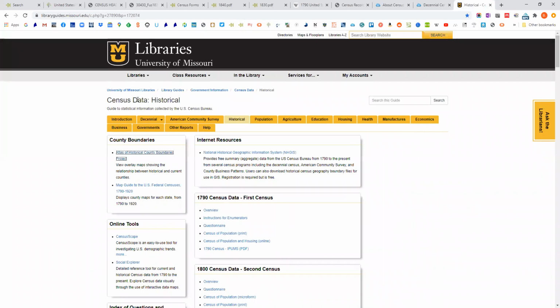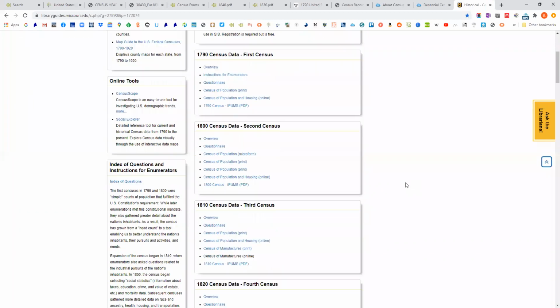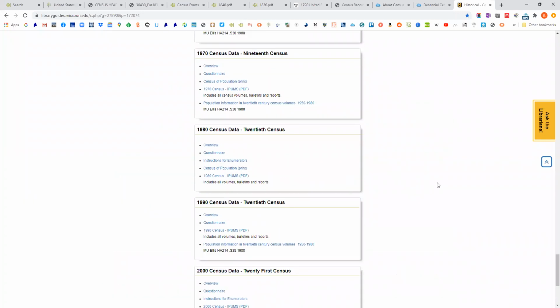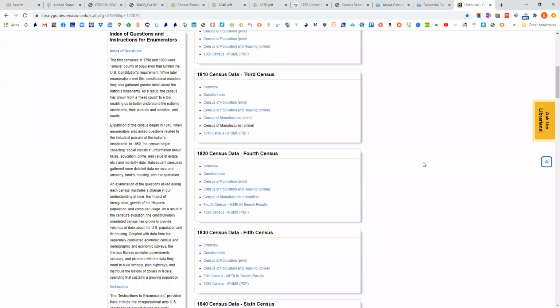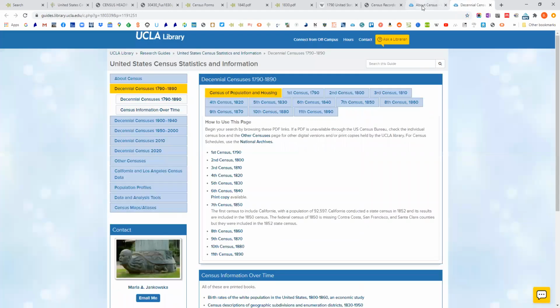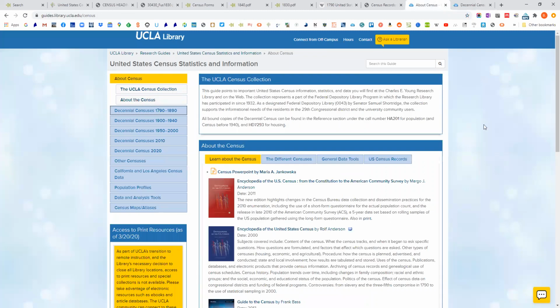So, and they have other things here about the census, but what we're looking under is the historical data. And it goes all the way down to the modern censuses. The other one I found that's really nice is the UCLA Library's research guide.